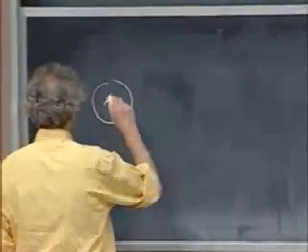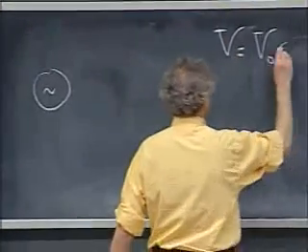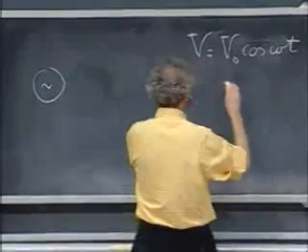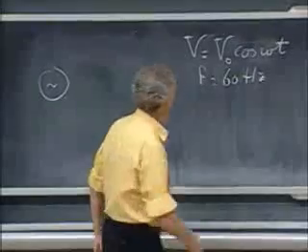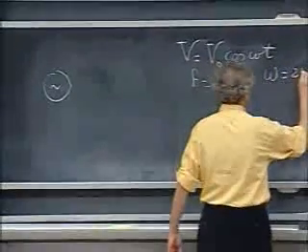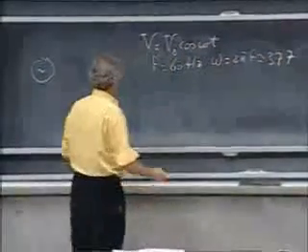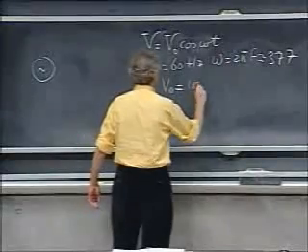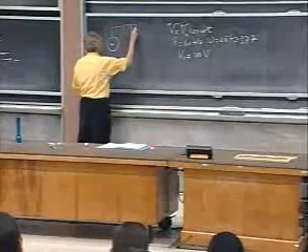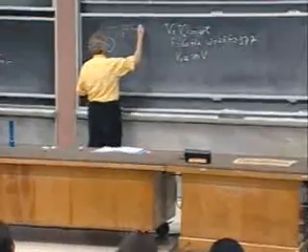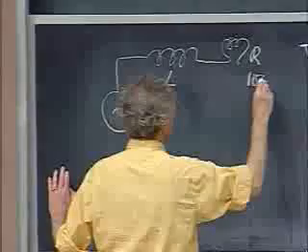We have an AC power supply, V equals V0 cosine omega t. The frequency is 60 hertz, just comes out of the wall, and so omega, which is 2 pi f, is about 377 radians per second. And V0 in this case is 100 volts. And we have here the self-inductor, and here we have a light bulb, and the light bulb has a resistance of 100 ohms.